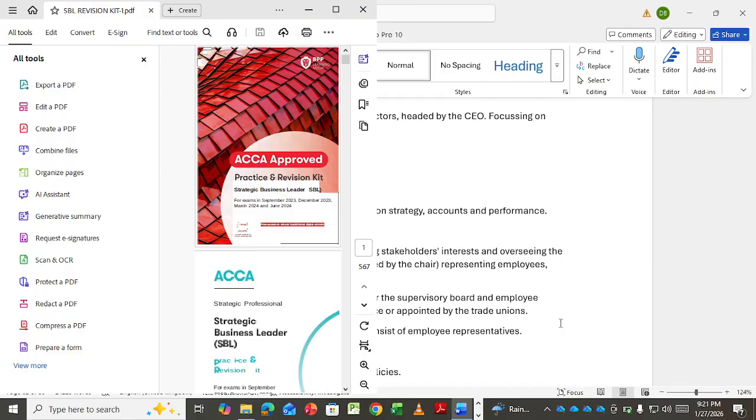Then we could also have other members on the supervisory board who represent the employees, so it can be comprised of two. We could have a leader or chair who is selected by the shareholders to represent the shareholders, and then we could also have members on the committee who are representing the employees.